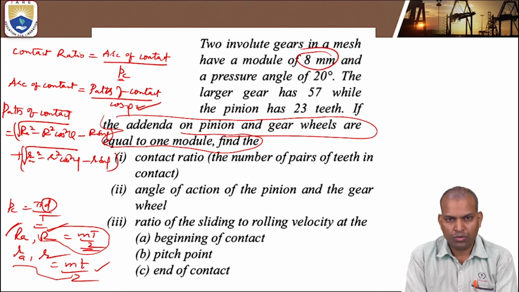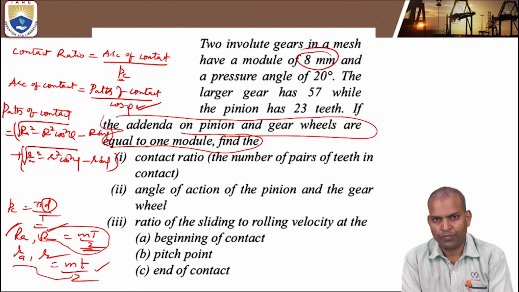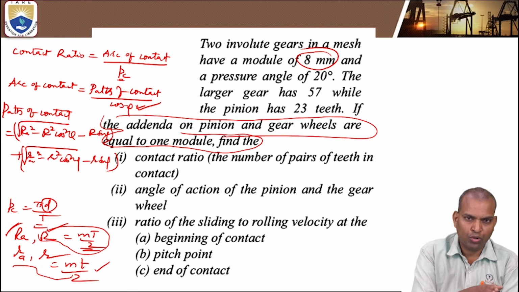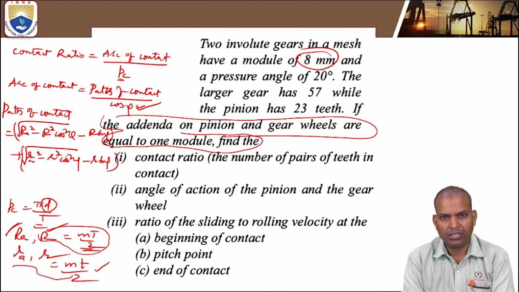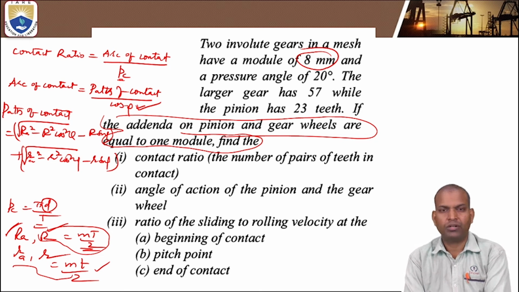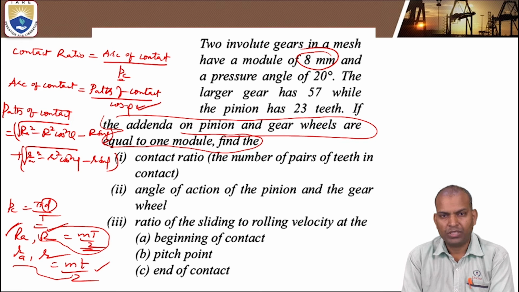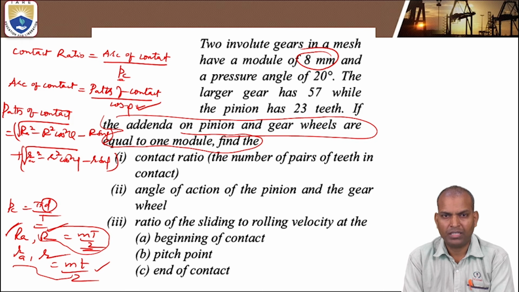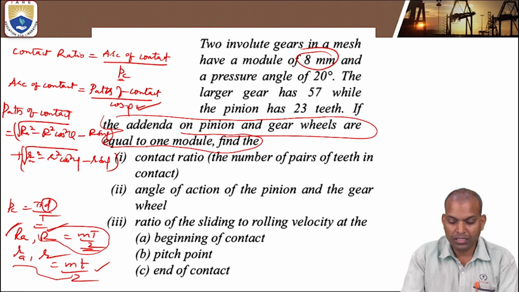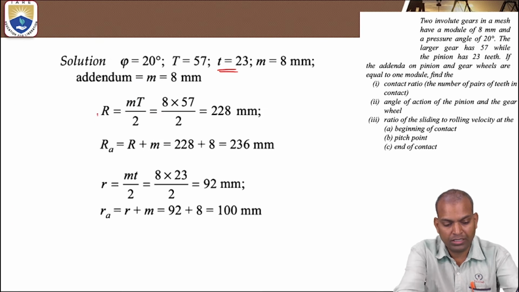The pressure angle we know directly, but the remaining are known indirectly. The addendum circle radii of both gear and pinion can be calculated using the module values and the number of teeth.